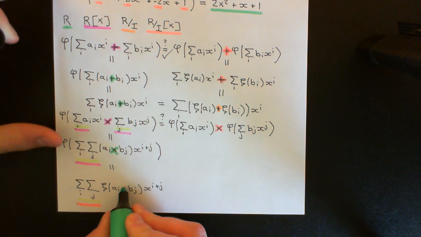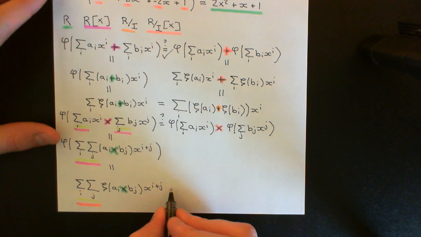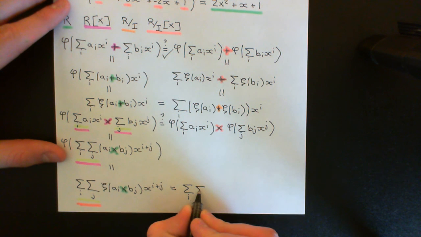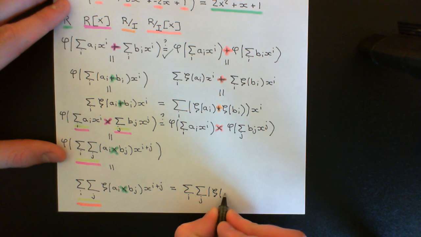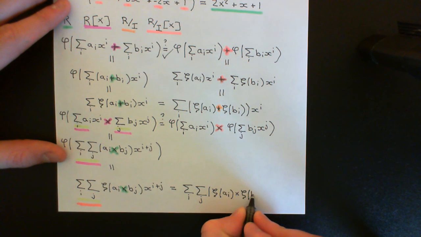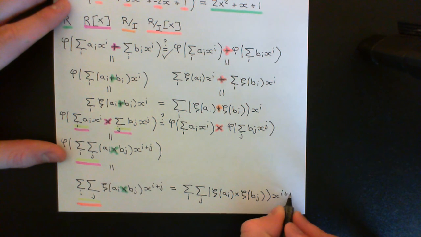And this multiplication is still multiplication in the initial ring capital R. Now of course what we can do is apply the fact that zeta here is a ring homomorphism from R to R quotiented out by I, so this is going to be the same as the sum over i, the sum over j of, and now what we'll get is zeta a_i multiplied by zeta b_j, all in front of x to the i plus j.